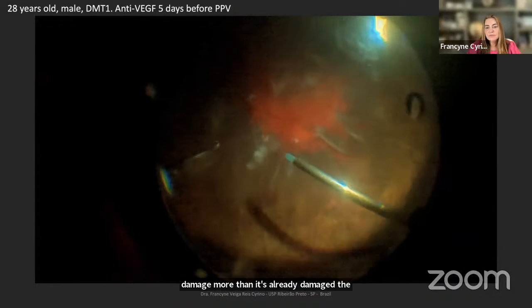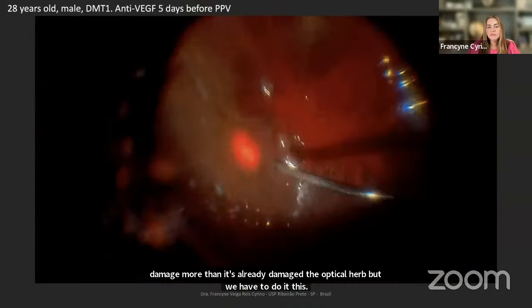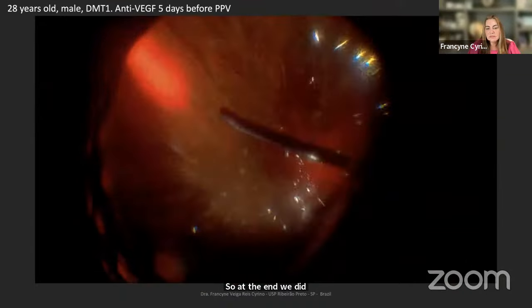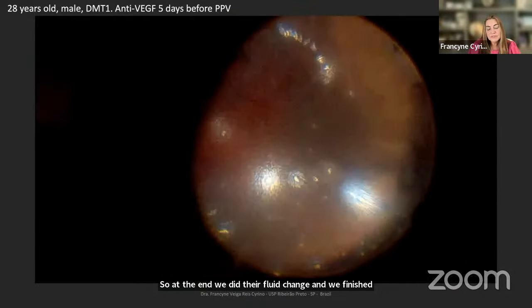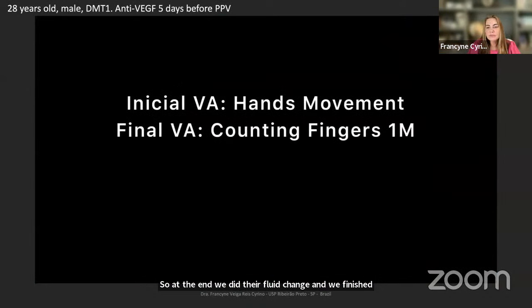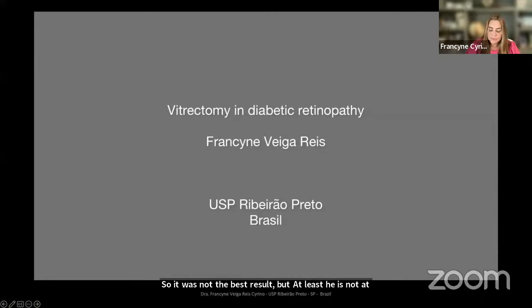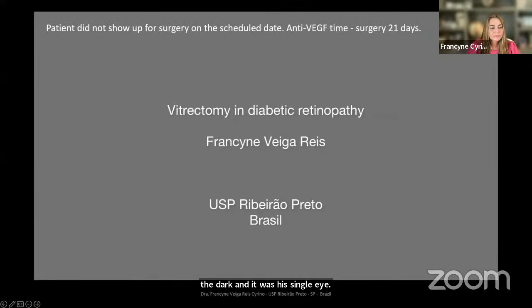So at the end, we did the fluid exchange and we finished with laser and silicone oil. And this patient had hand movement at the beginning, and the final visual acuity was counting fingers at 1 meter. So it was not the best result, but at least he's not in the dark, and it was his single eye.